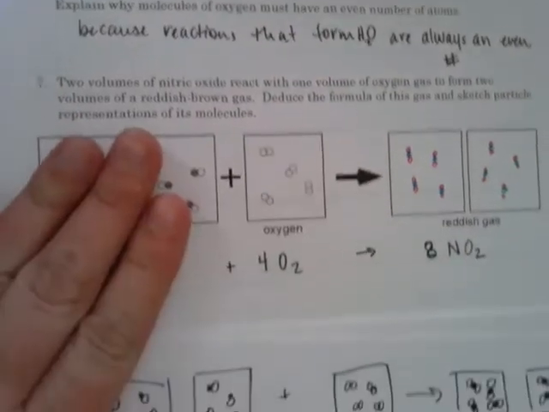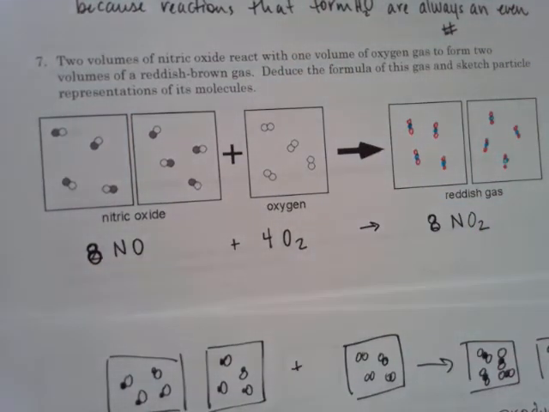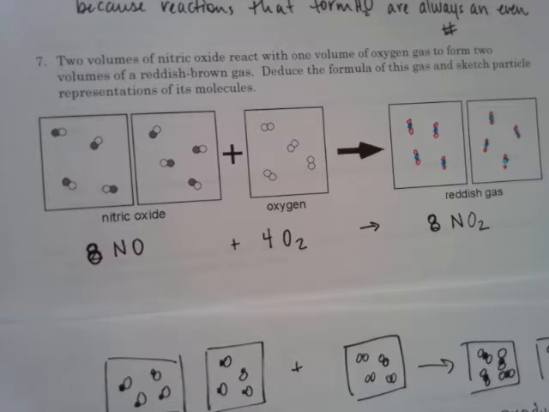For this one, okay, wait. That one doesn't make sense. Why isn't there 3 white ones at the end? What do you mean? Or 3 oxygen?